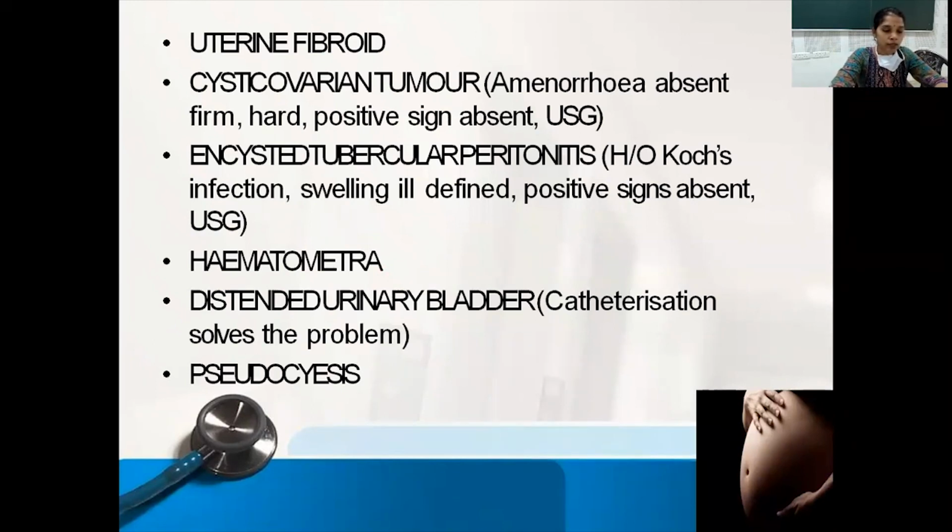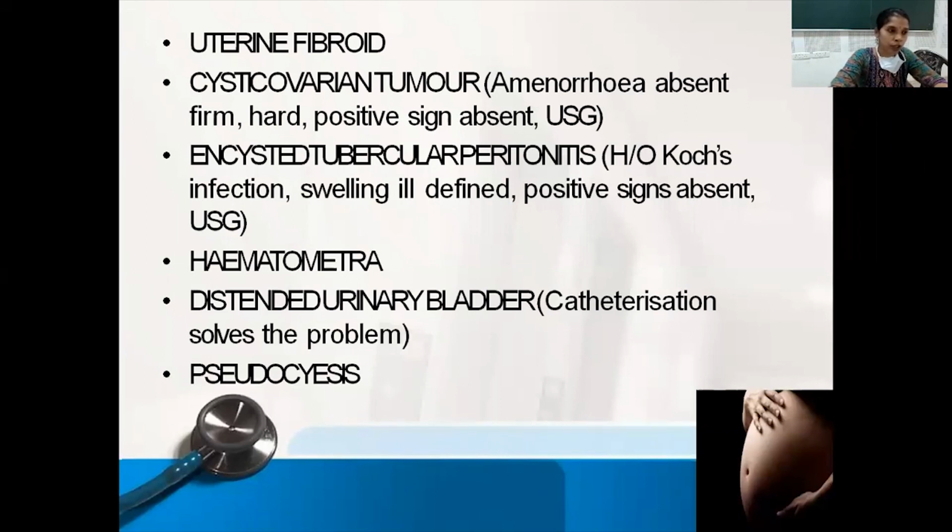The first thing is to ask for the history of amenorrhea, then we do the pregnancy test. If the pregnancy test is positive, then it is confirmed as pregnancy. Sometimes a big uterine fibroid may be mistaken for pregnancy, and in fibroids also there might be menstrual irregularities.